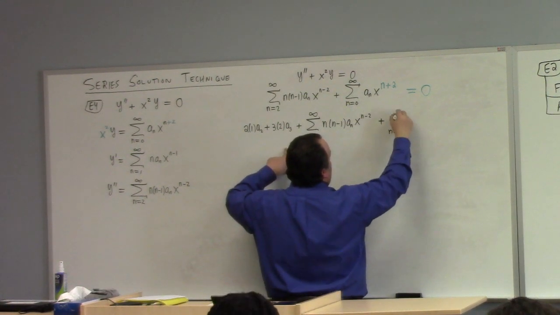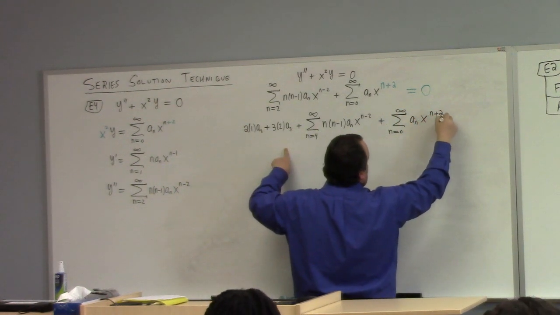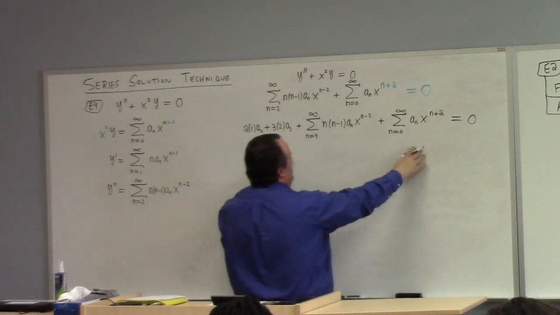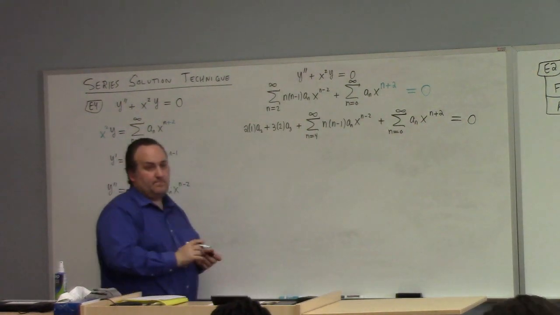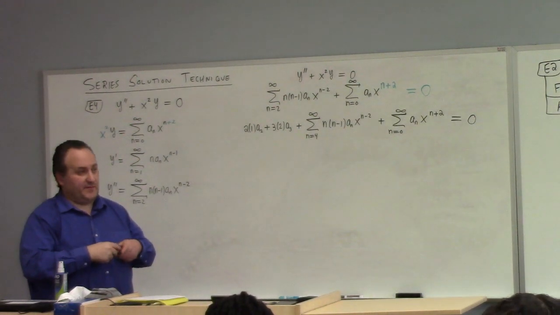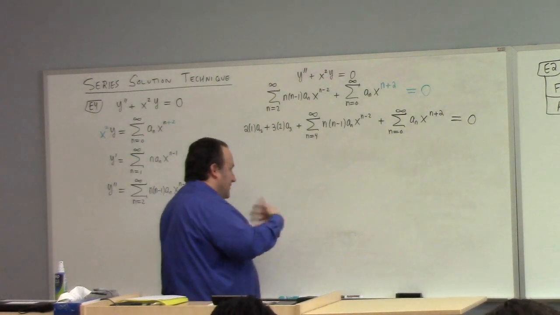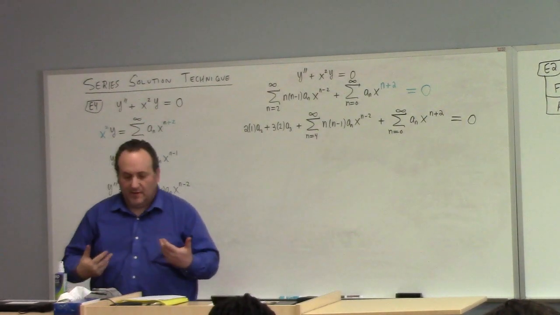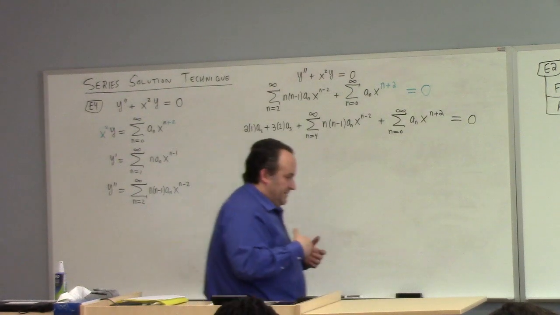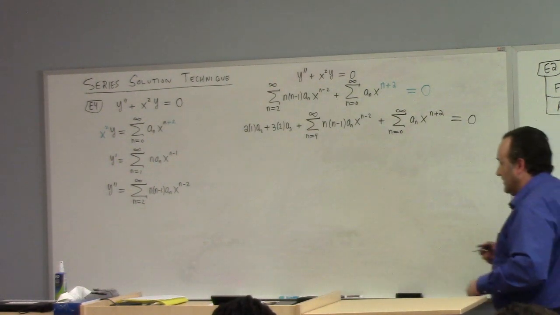And what I'm going to do next is make a substitution to make both of these look the same. I'm going to introduce another variable in each case to relabel these sums so that they look the same. But the substitution I'm going to make is different for each one so that they meet in the middle.